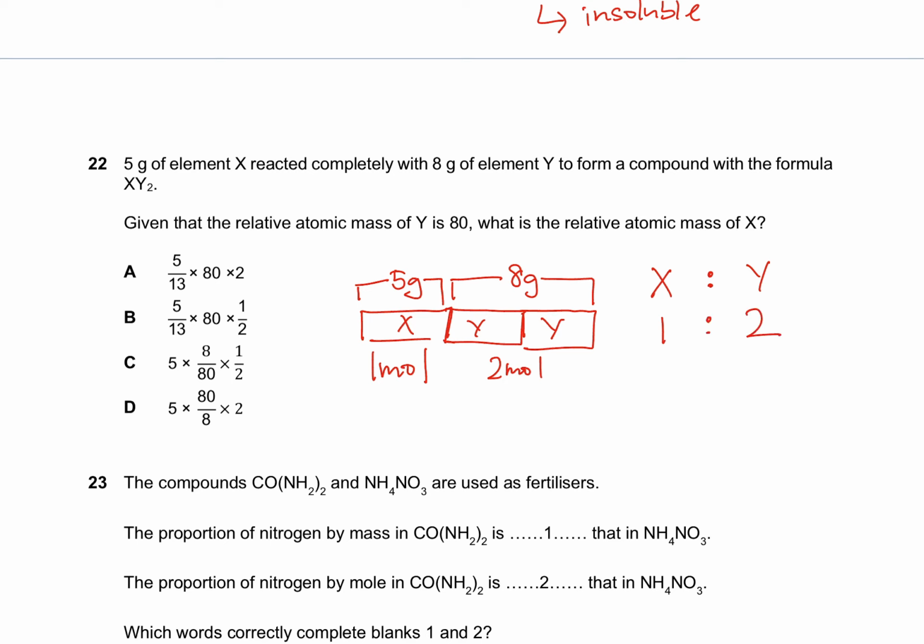So if I can find the number of moles of X, I'll be able to find the number of moles of Y. So I am given that the relative atomic mass of Y is 80, and I know the mass of Y is 8. So I can find the number of moles of Y. So the number of moles of Y is equal to 8 grams divided by 80.